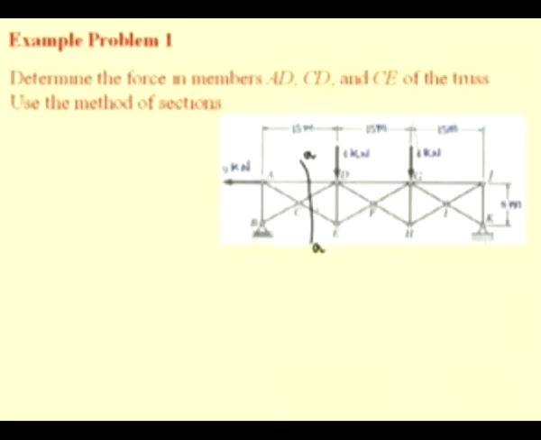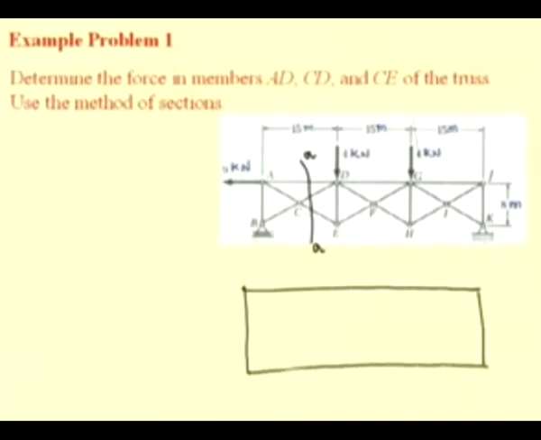But before we can proceed to do that, we have to determine the reactive force at B. So, first consider the free body diagram of the entire truss to determine the reactive force at B. We replace the roller at B by a vertical reaction By.